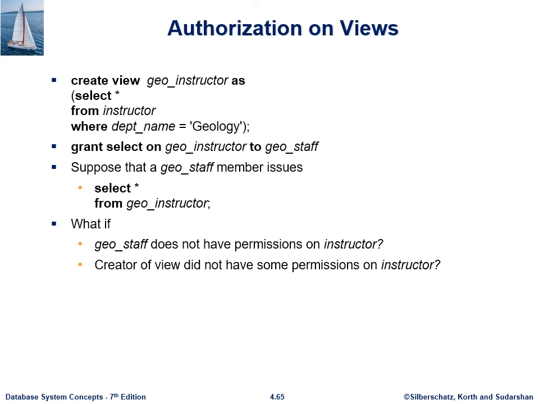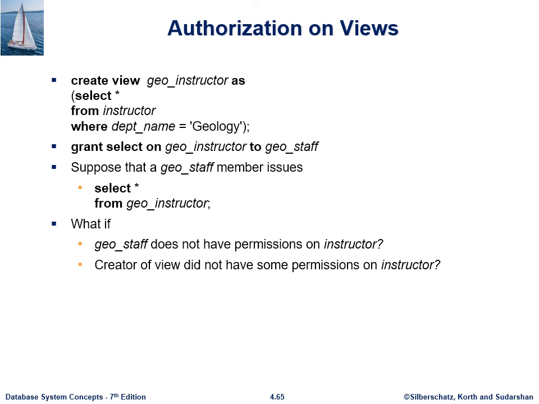If the creator of the view does not have some permissions, for example select permission, then what will happen? When we grant something to others, we need to have that permission first, otherwise the grant statement will be denied.